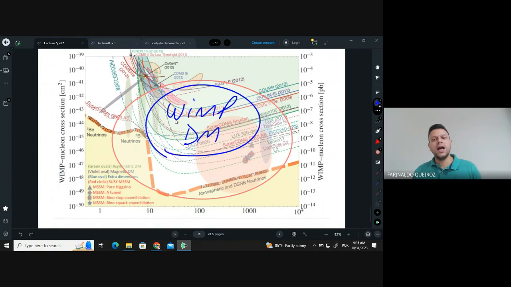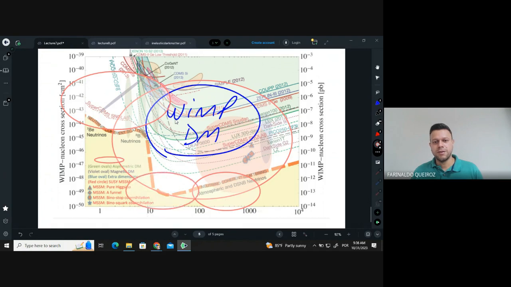Then they realize that as you change your premise, these favored regions could be around here, around there, around here, around there. And then you don't have a fixed favored region.